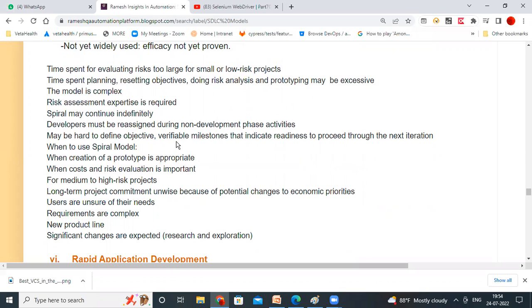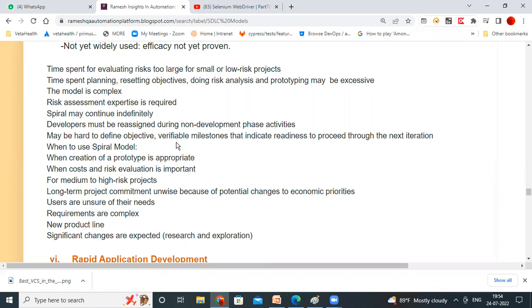So when to use this spiral model: when creation of a prototype is appropriate, when cost and risk evaluation is more important, for medium to high risk projects, for long-term project commitment, and when users are unsure of their requirements. Requirements are very complex. When it is a new product you want to develop and significant changes are expected, then you can go for the spiral model.